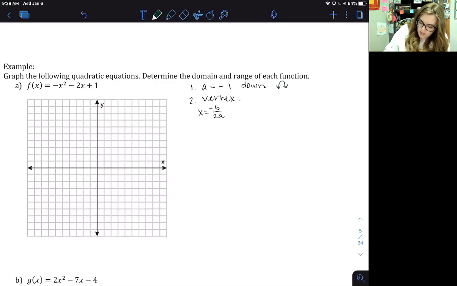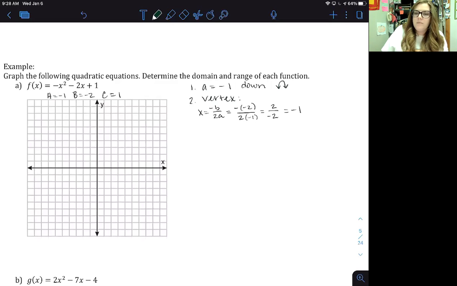If you want, go ahead and write this out. We know a equals negative 1, b equals negative 2, and c equals 1. Okay. So plug in what we have. We have negative 2, divided by 2 times negative 1. Well, two negatives make a positive. So we have 2 divided by negative 2, which equals negative 1.